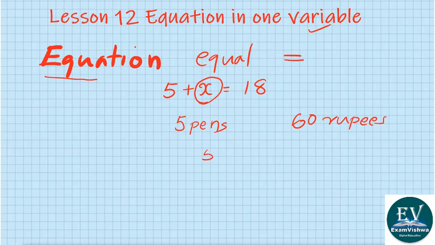That means 5 into the price of 1 pen became 60. 5x became 60, where x is a different value. So that became a variable. This is the knowledge you have gained in the previous classes regarding equation and variable.